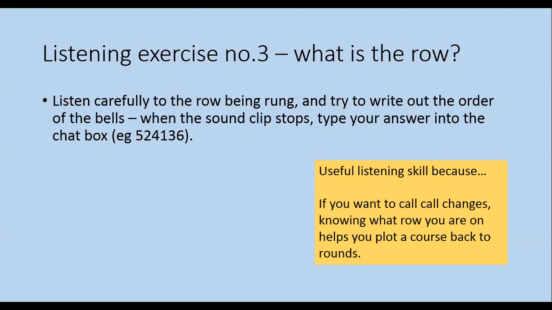Excellent. 3, 2, 1, 4, 5, 6. That might be a familiar sound from things like Plain Bob, where it comes up shortly after the first lead. You get 3, 2, 1, 4, 5, 6 in doubles and minor. Okay, let's have one or two more.